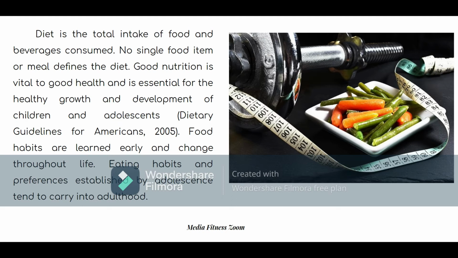But for now, it should be mentioned that diet is the total intake of food and beverage consumed, and no single food item or meal defines the diet. Good nutrition is vital to good health and is essential for the healthy growth and development of children and adolescents. Food habits are learned early and change throughout life.